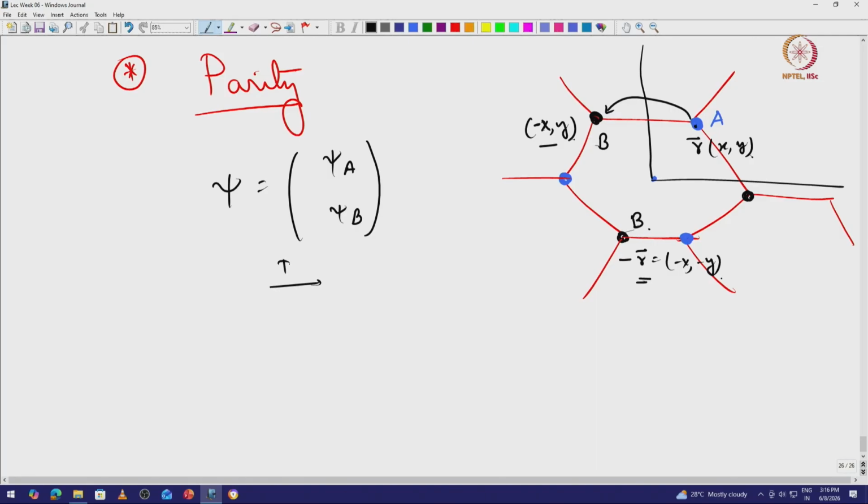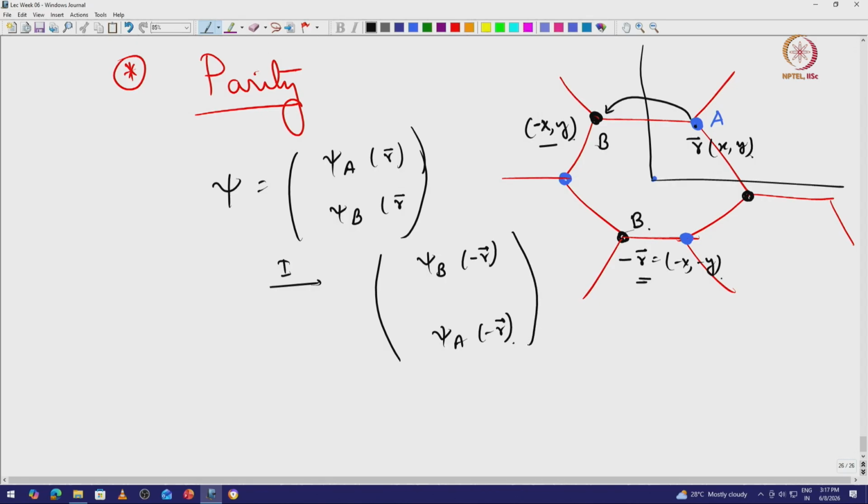So, under inversion A has to go to B at minus R and B has to go to A. So, now we see that the inversion or parity requires both a change in the internal symmetry, which we will call sublattice symmetry, and as well as space time.